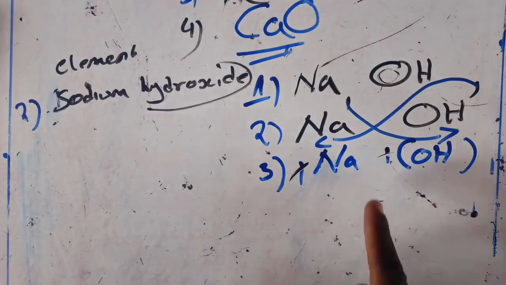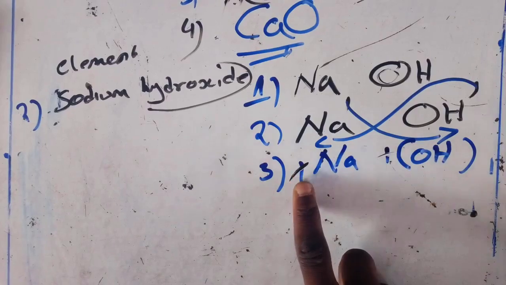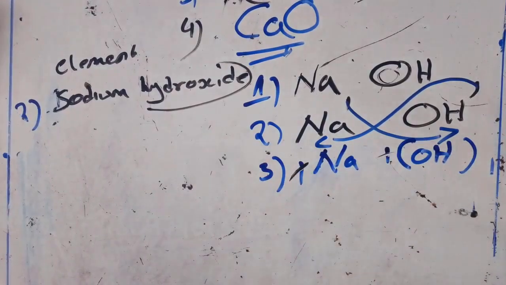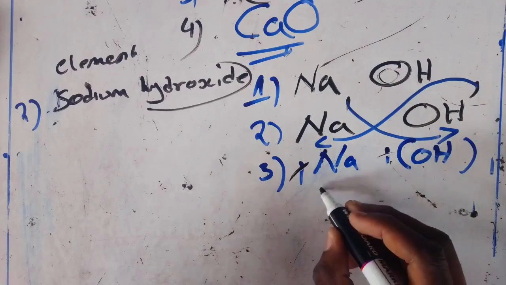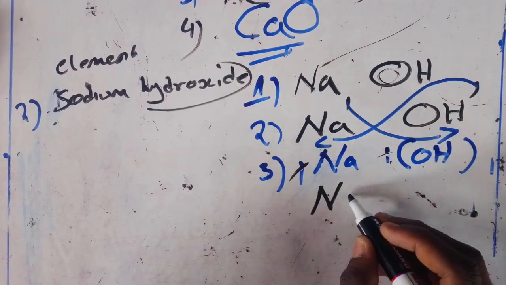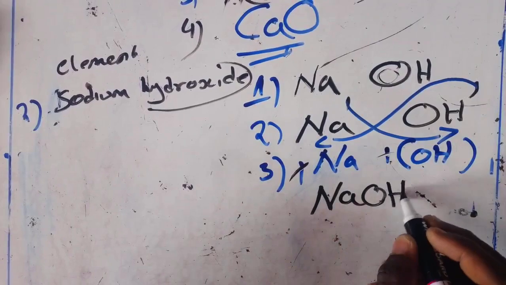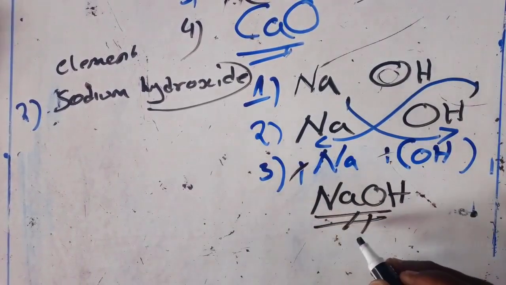So since here we have 1 and here we have 1, we're just going to ignore this one. And when the radical is inside the brackets, which is multiplied by 1, the radical is removed outside the brackets. So here we're going to have sodium hydroxide like this. So this is sodium hydroxide.